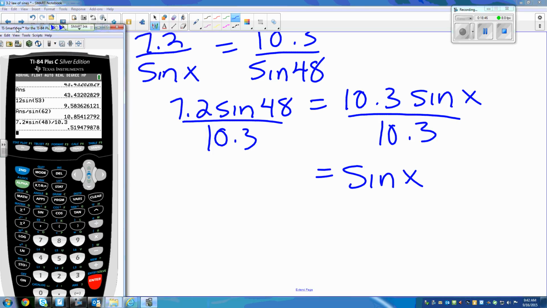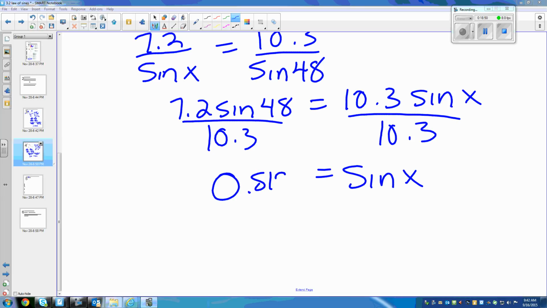Okay, continuing on. Is that what everyone got? 0.5194? Did you type in 7.2 times sine of 48, hit enter, and then hit divide by 10.3, and then enter again? Perfect. Both ways work. Okay. How do we get x alone now?